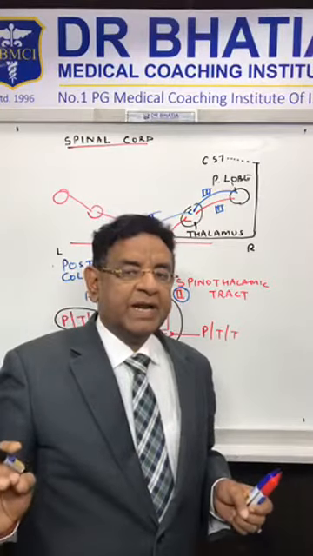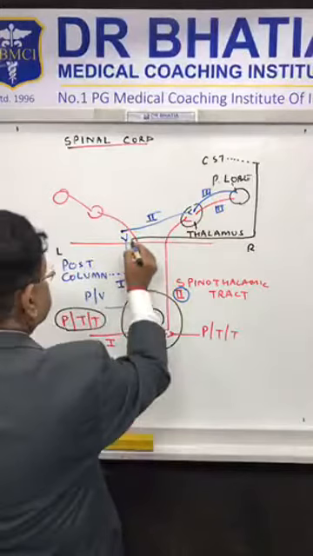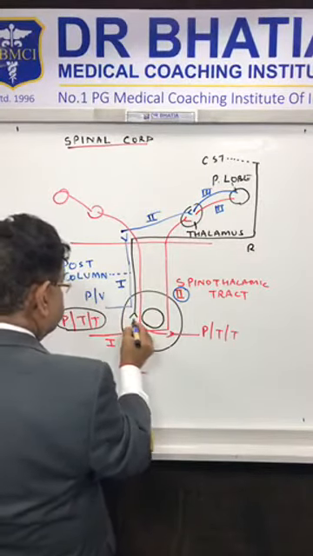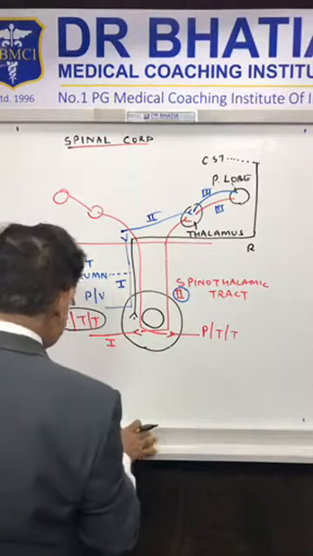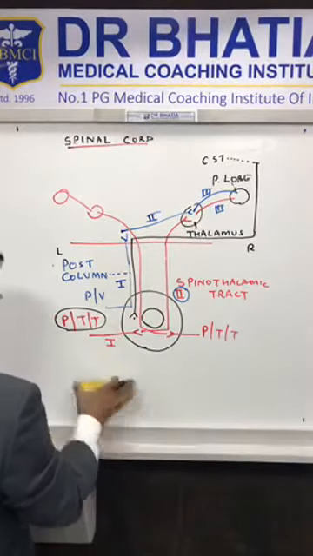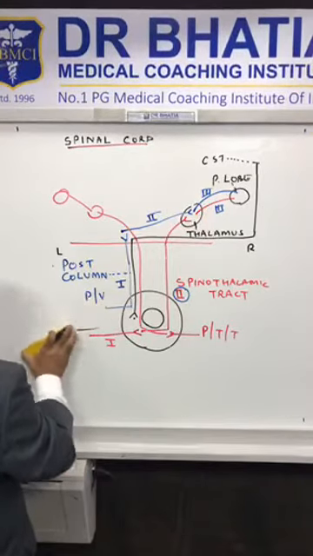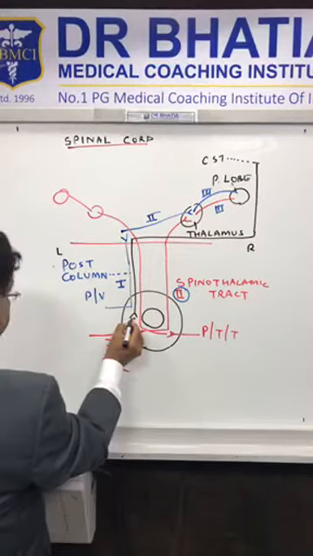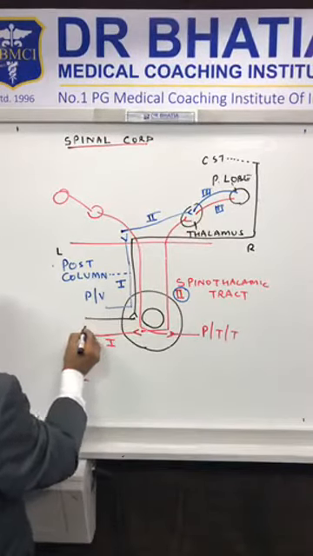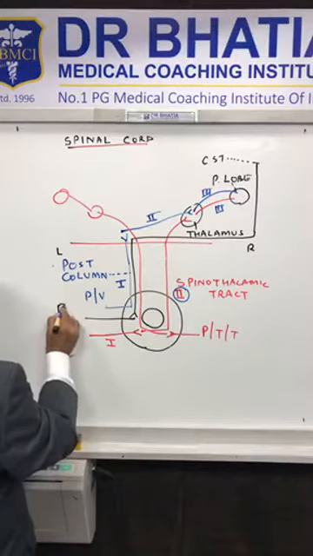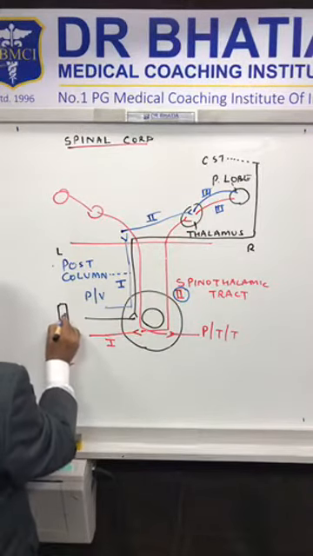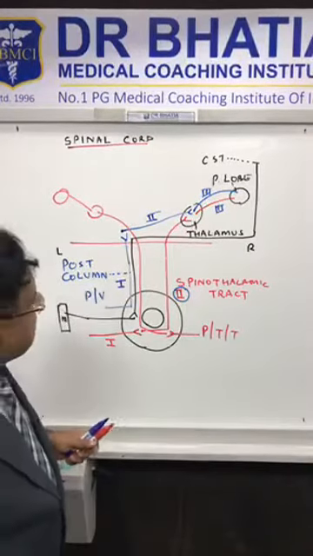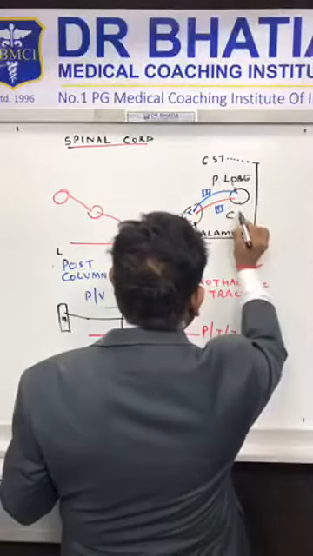Then they come down to the anterior horn cell, and from the anterior horn cell comes the motor nerve, and it goes to the muscle. This is the corticospinal tract.